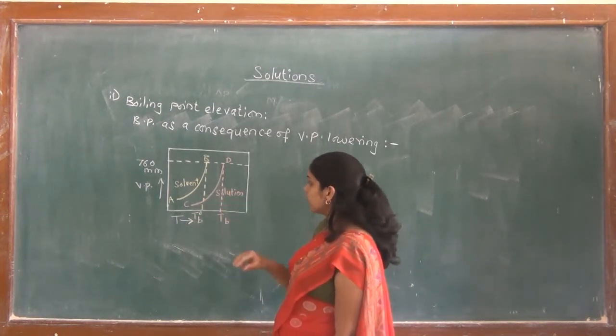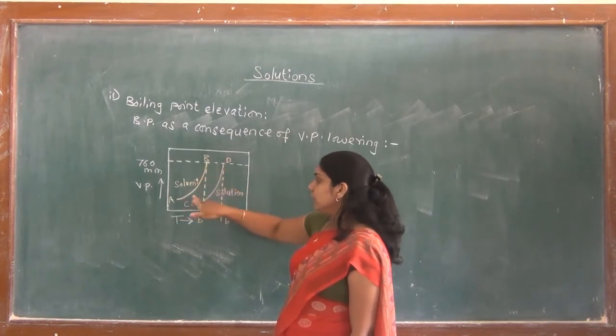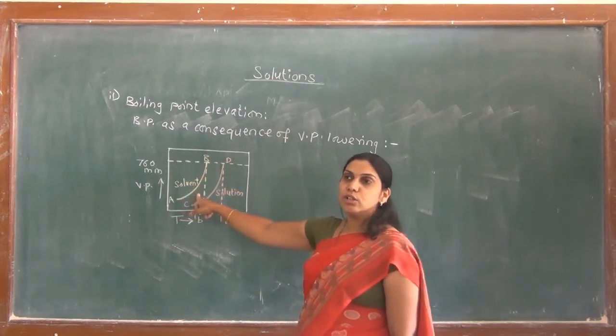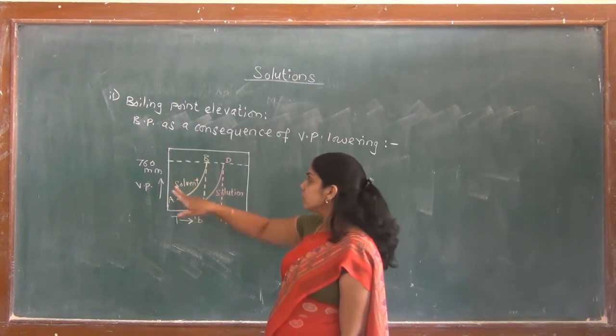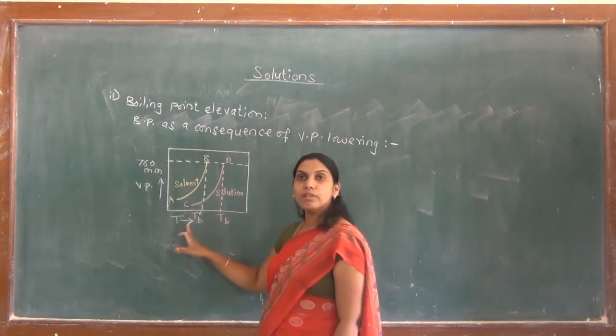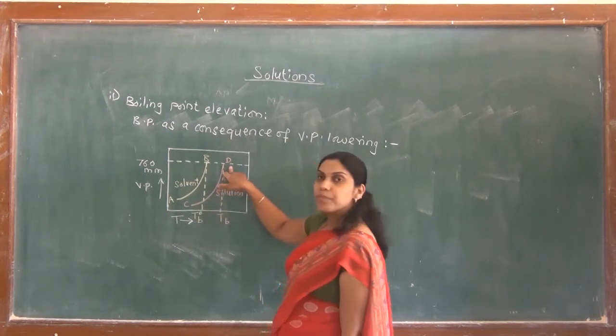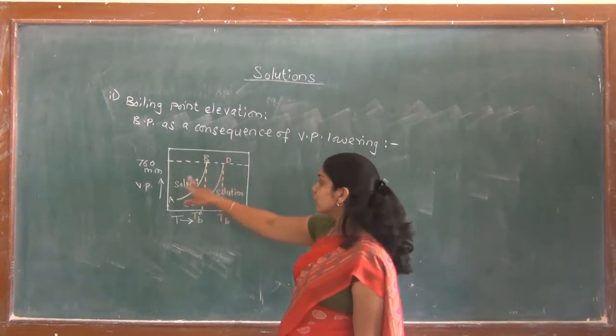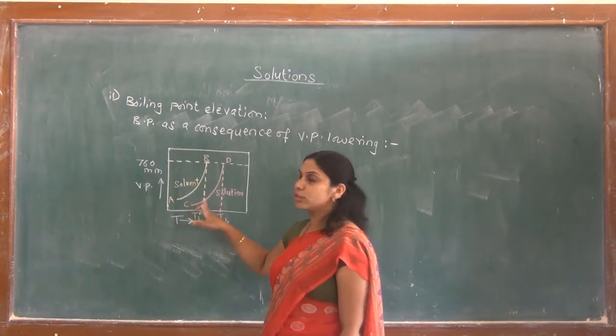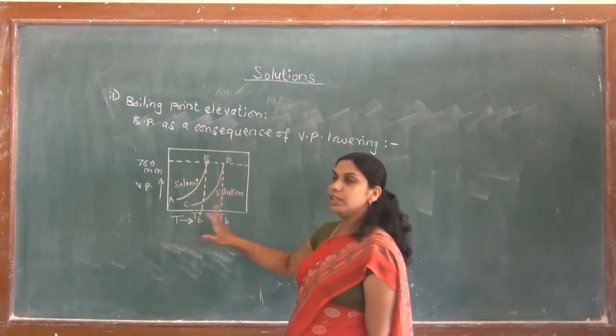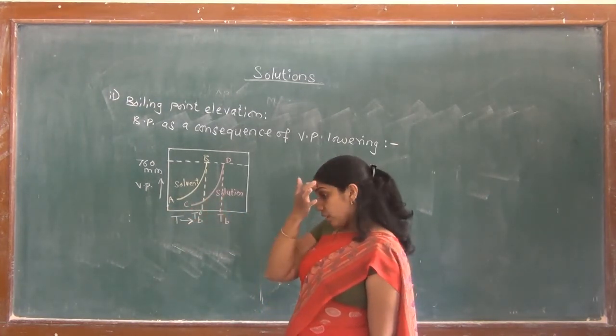If you see, the curve AB shows the change in vapor pressure of the solvent according to temperature, and the curve CD shows the change in vapor pressure of the solution according to the temperature.